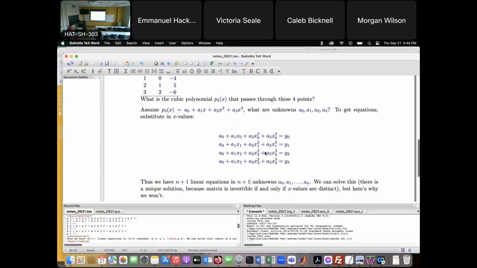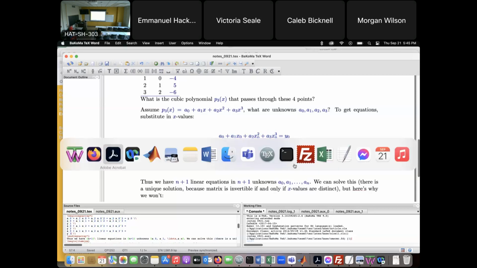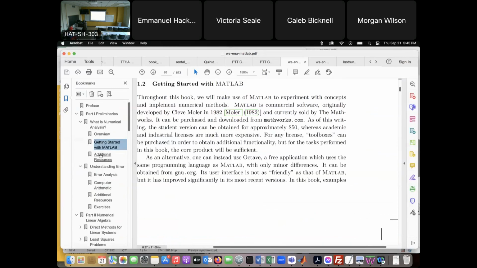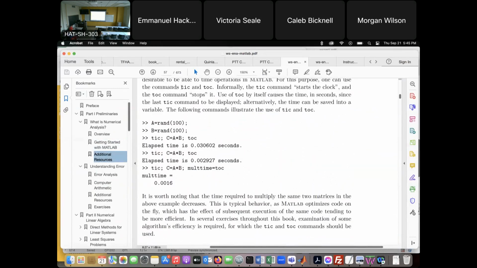Right over here we have an approach to obtaining the coefficients and the interpolating polynomial. In fact, this approach is what MATLAB uses to find the interpolating polynomial. I think that function is discussed in the tutorial. Let me check.